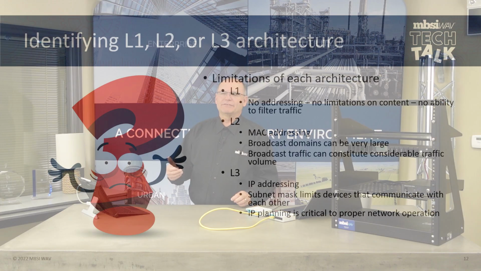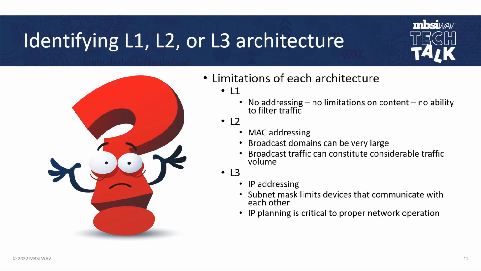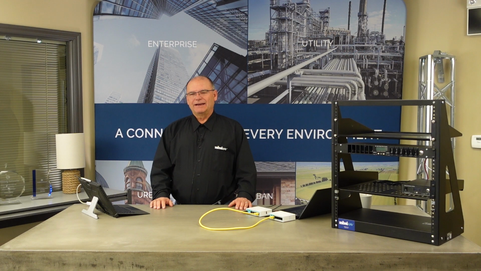With layer 2 traffic, broadcast domains can be very large. In the MAC addressing scheme, there's a MAC address used to identify the device itself. Then there's a MAC address used to identify the broadcast domain it's in, typically all Fs in hex. So when one device sends out a broadcast, it goes to every other device in the broadcast domain.